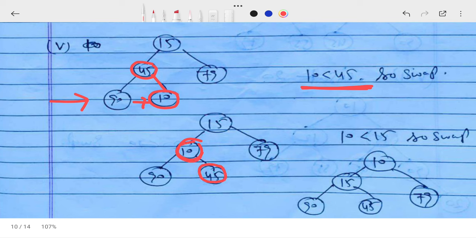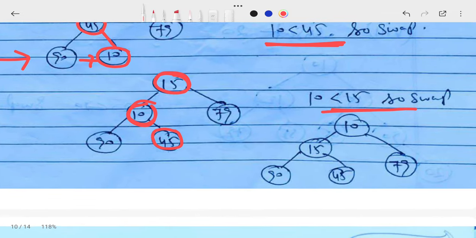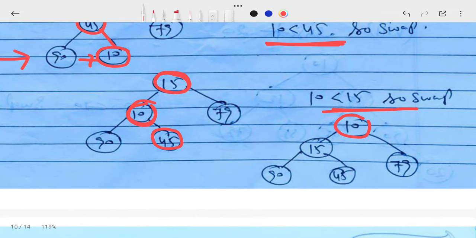Again this 10 asks its father; 10 is minimum, so again you have to swap. So this is the final structure: 10 will come here and 15 will come here. Now you can see that every time the father is smaller, so this is the minimum heap tree. Sometimes I use the term minimum spanning tree.